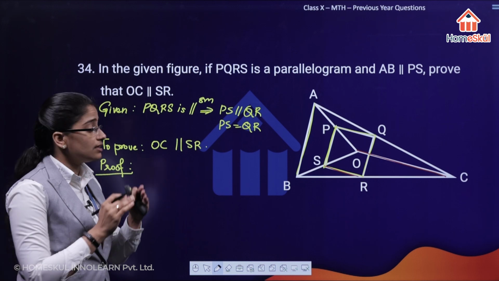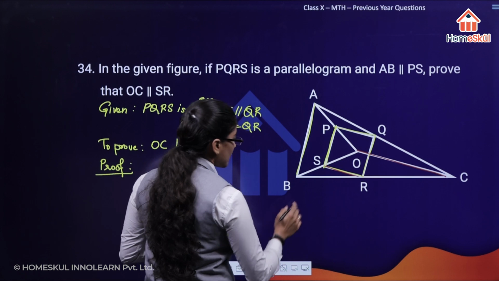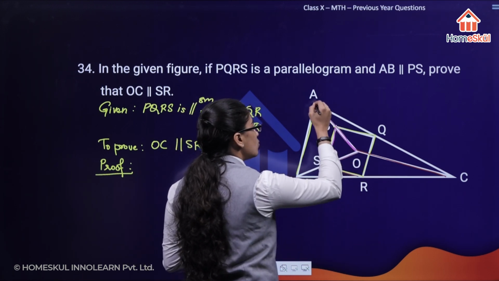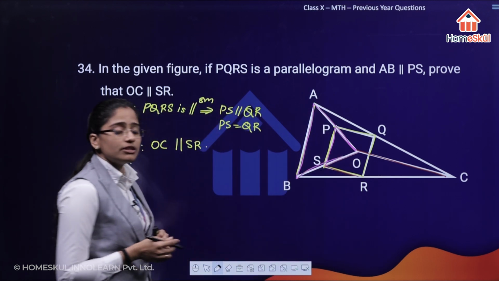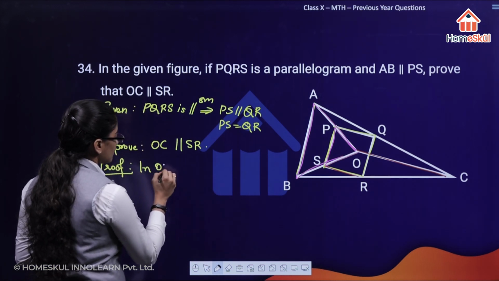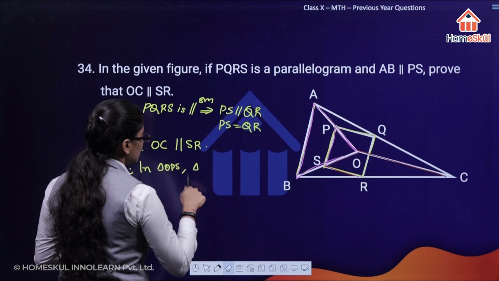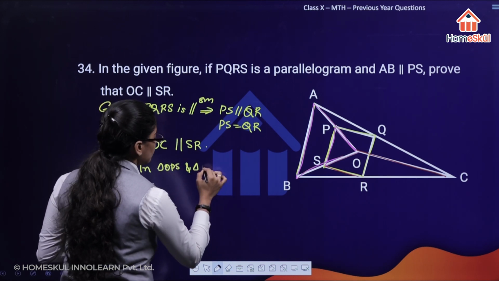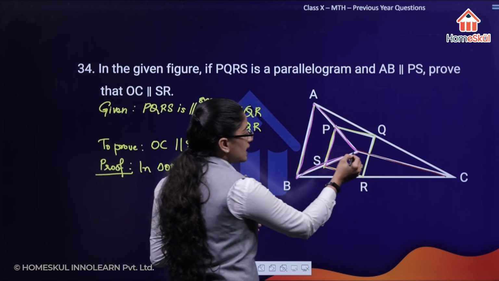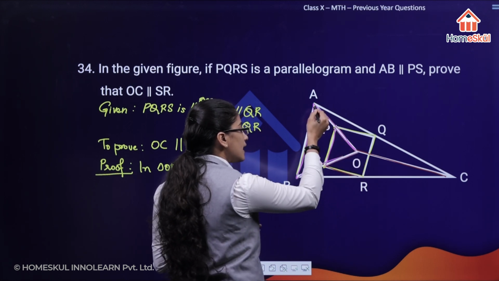Now, how can we start the proof? For that we will consider two sets of triangles. In the first case, we will consider triangle OPS and the bigger triangle OAB. In triangle OPS and triangle OAB, we could say that angle OPS is equal to angle OAB.